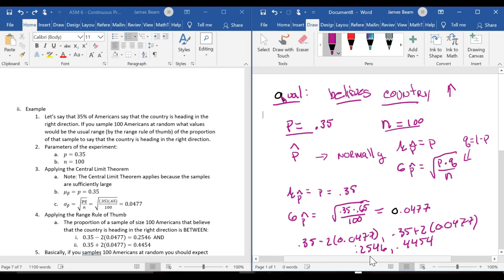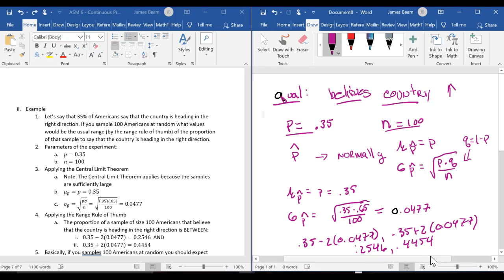So about 25.5% to 44.5% of the sample should be saying, hey, I believe that the country is going in the right direction.